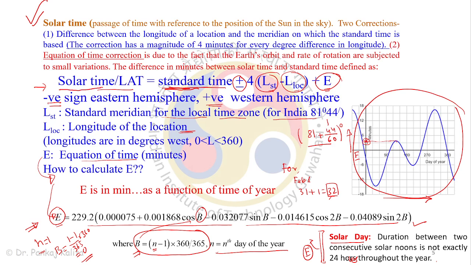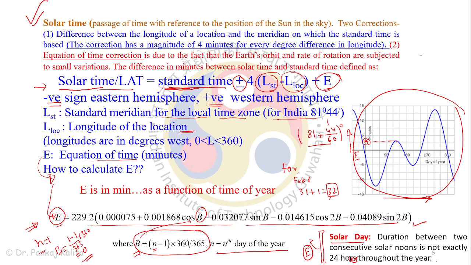The solar time or local time is different from the standard time, where we incorporate two major parameters. One is the difference between the longitude of that location and the meridian on which the standard time is based. For India, the standard meridian is passing through Prayagraj, and if you are talking about, say, Guwahati, the sun rises earlier, right?